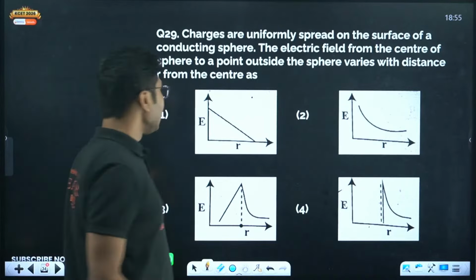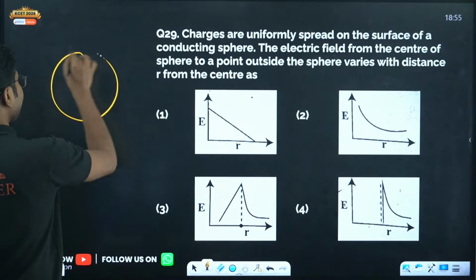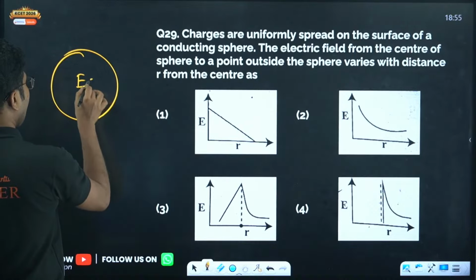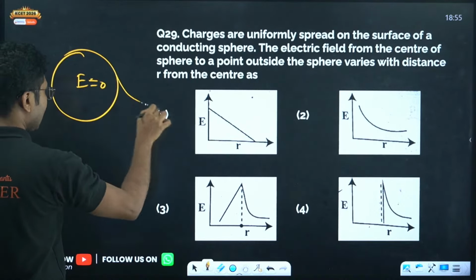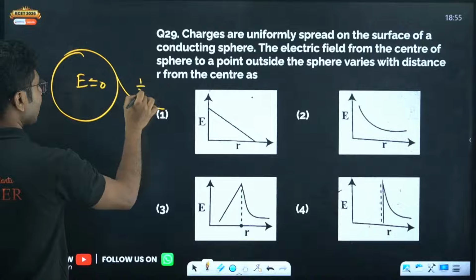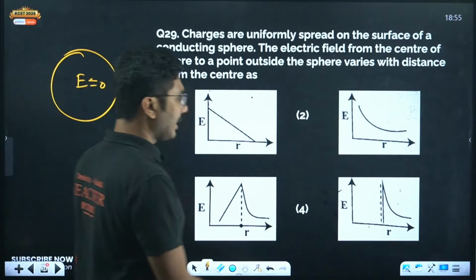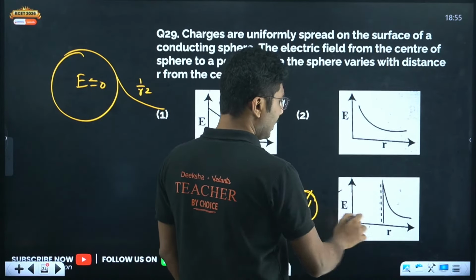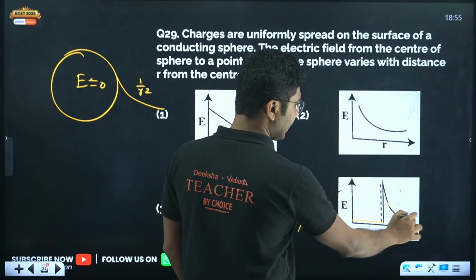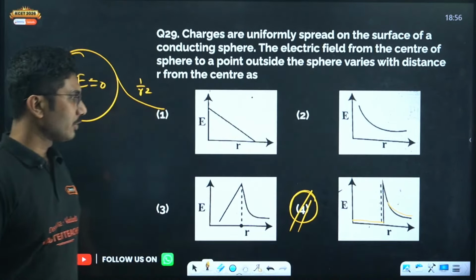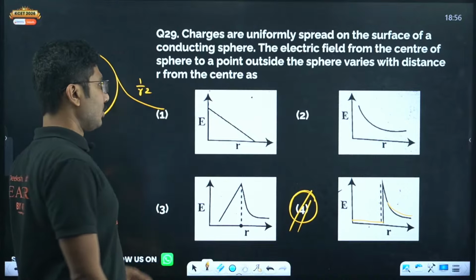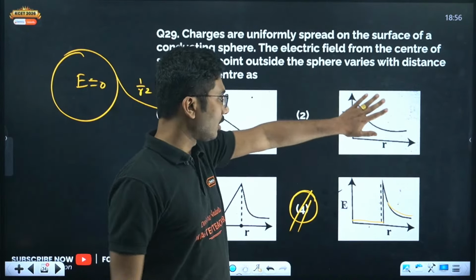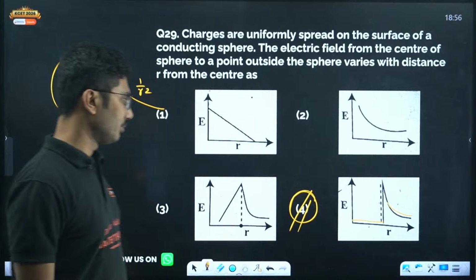Easy question. The electric field inside a conducting sphere is 0, and from the surface it decreases as 1 upon r square. So the correct answer is option 4. Inside it is 0, outside it is decreasing as 1 upon r square. Not this one, but option 4 or D.